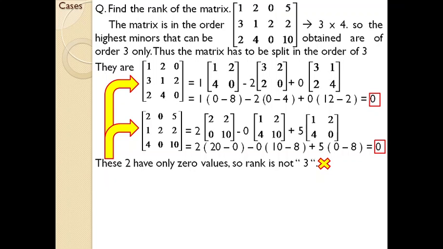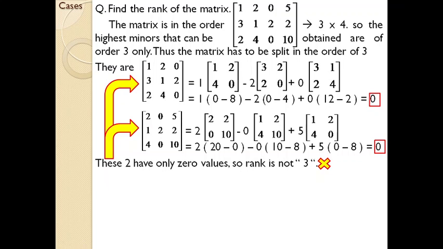But it doesn't mean that you have to stop there. You have to find the actual rank of that particular matrix. So the rank of this matrix is not 3. Then how are we going to find the rank? Whenever you find that a particular rank is not the actual one, meaning after computation you are getting 0 and here it was 3, then you have to go for the next smallest rank.